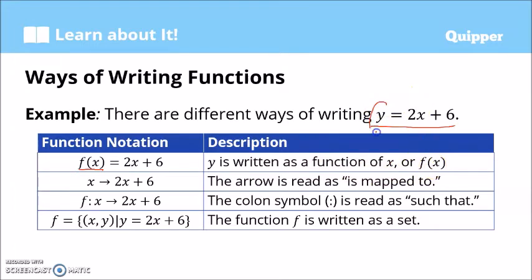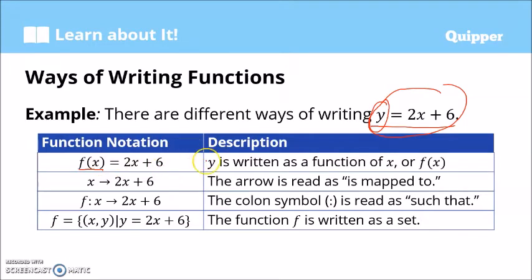So, yung y natin dito, take note, pinalitan natin ng f of x. This is an equation, class. This is also an equation wherein we use f of x to denote y, because y is a function of x in this equation. So again, this is read as f of x equals 2x plus 6.